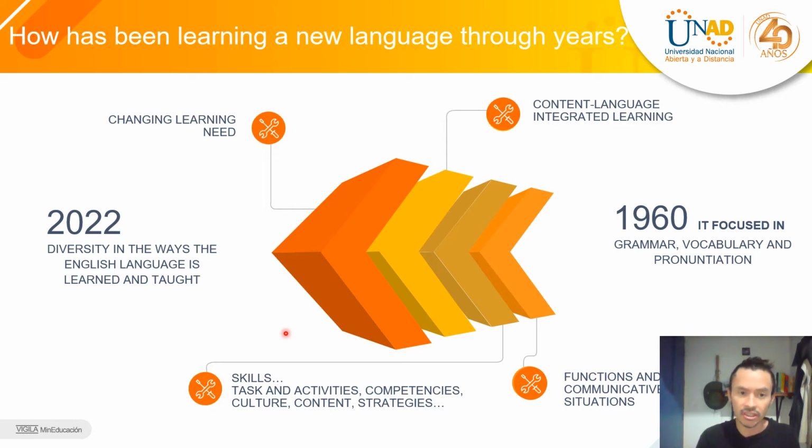And finally, changing learning needs. That means the needs change, the method changes, and the objective changes, and the way to create the material changes. Actually, the diversity in the ways of English language teaching and learning.